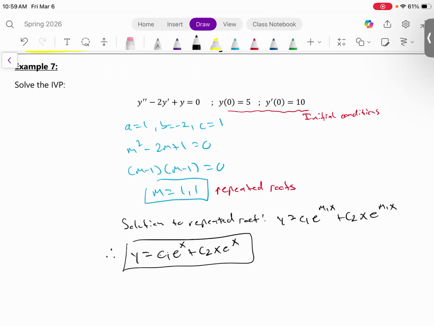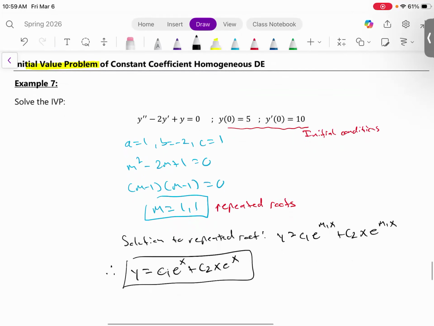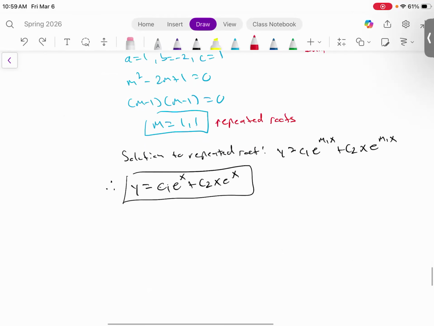Okay, so that's my solution, but remember, we're asked to solve an initial value problem. So I got to use my initial conditions to figure out what C1 and C2 might be. So let's go ahead and say that. Use initial conditions to find C1 and C2.